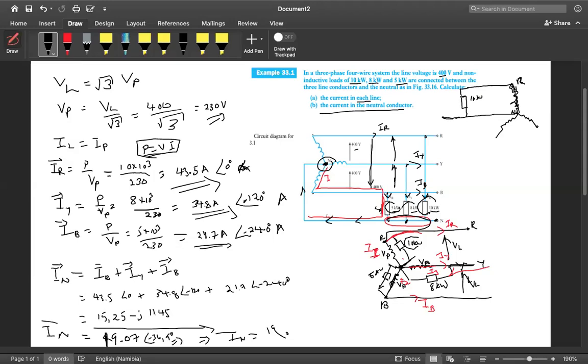That's our line, our neutral point. Then this is B, and I'm also going to connect a resistor here, which is the 5 kilowatt. Between this one, I'm also going to connect the 8 kilowatt. So this is just a node.